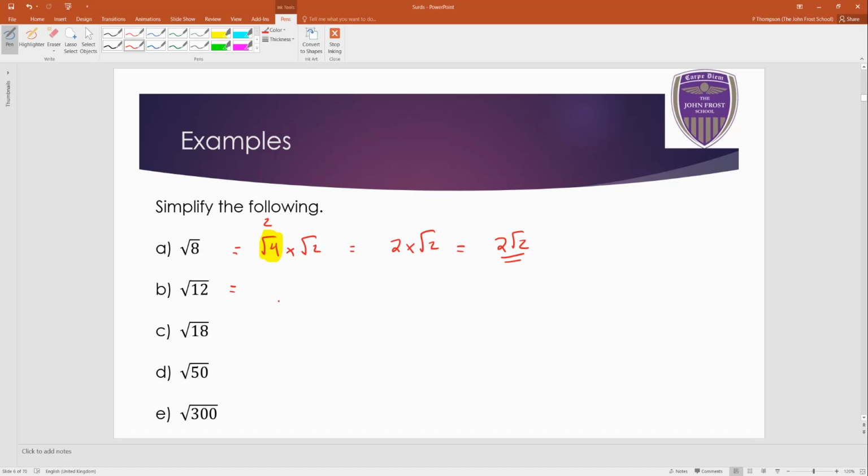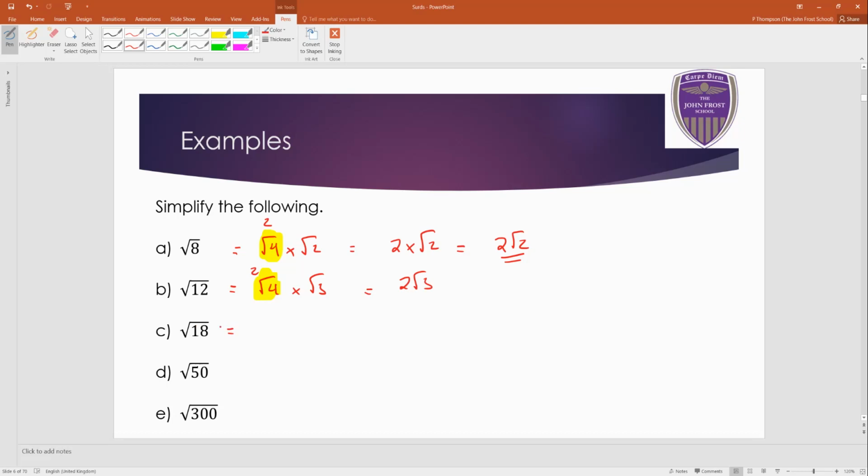Same thing for root 12. Look, 12 is not a square number, but I know that 12 is definitely 4 times 3. And again, 4 is a square number. Root 4 is 2. So this will be 2 times root 3. Again, I'll omit the times sign this time, and I'll just get 2 root 3.